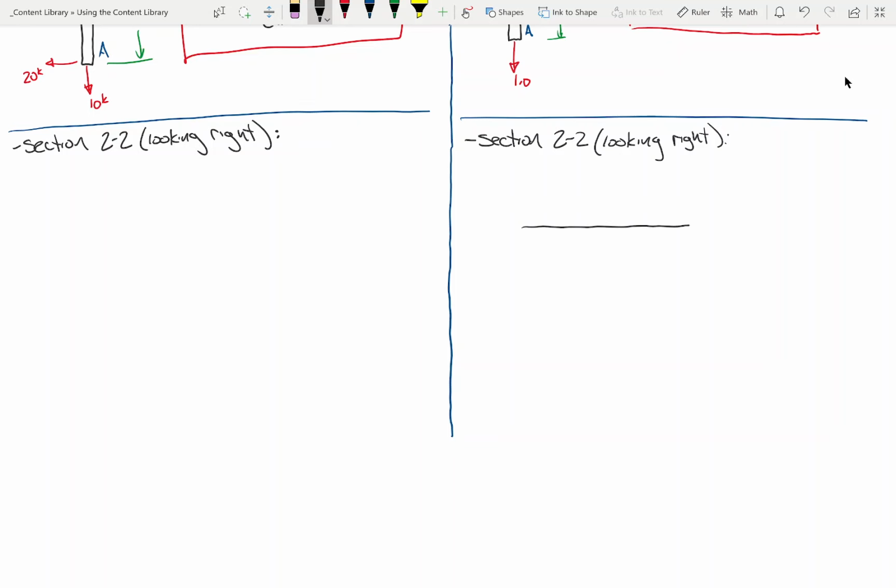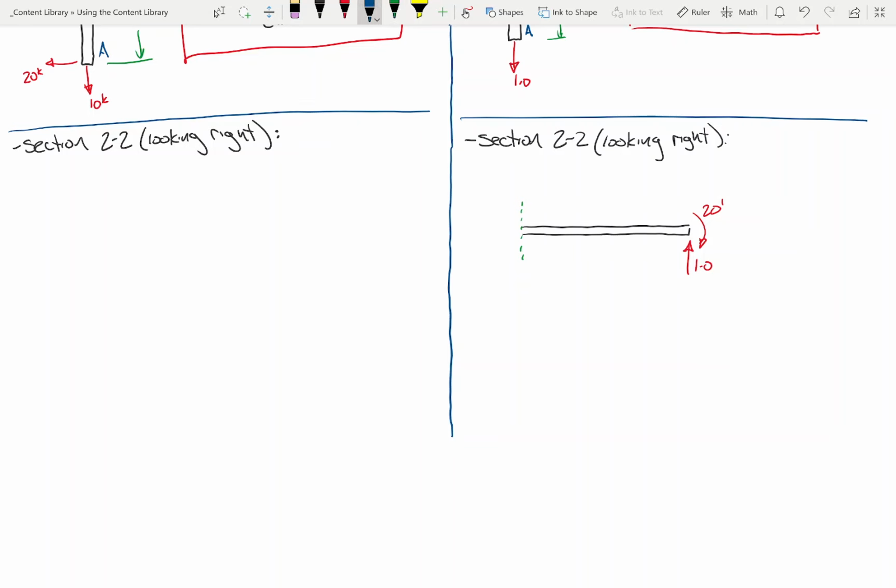Okay, so here's the structure. We have a reaction over here, 1 and 20. I'm drawing those in red because on my free body diagram I know those. Okay, and here's my structure here.